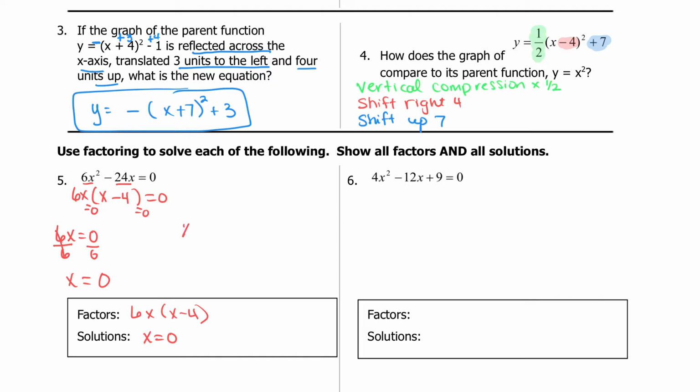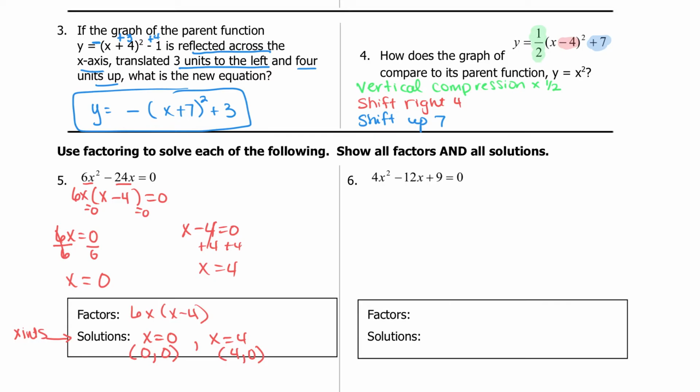Then when I set x minus 4 equal to 0, I would add 4 to both sides, and that would give you x equals 4. So that's another solution. Now remember, solutions also represent your x-intercepts. So I would also accept you writing it as an x-intercept, (0, 0) and (4, 0). You can write it either way. All right, let's look at this next one.